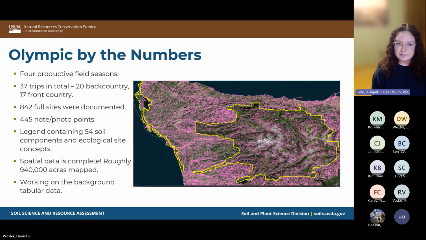We've had 450 note and photo points, and then of course lots and lots of mental points as we're traversing these areas. Our legend, which is just the collection of everything that we've come up with, consists of 54 soil components and ecological site concepts. And right now we are done with the spatial data. All of the lines have been drawn, but we are working on the background data that feeds into the map. Next slide.